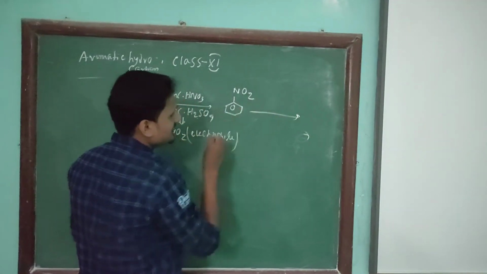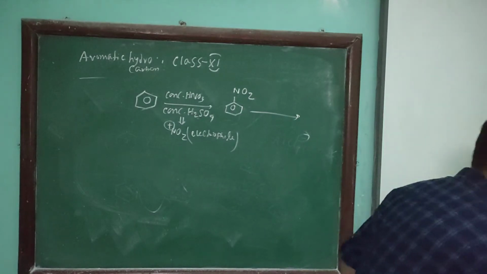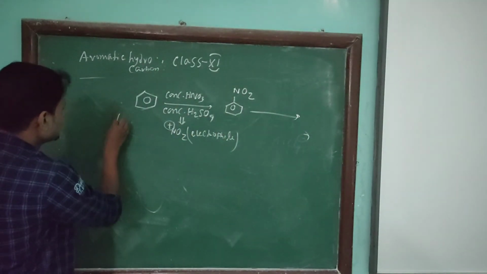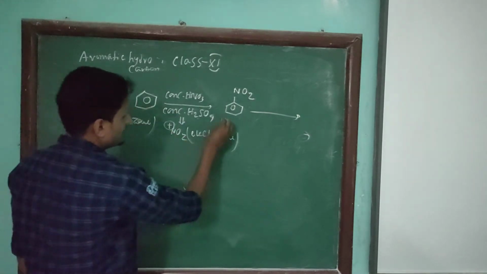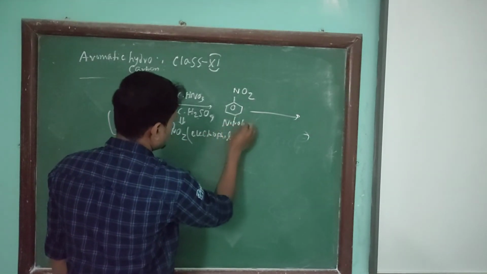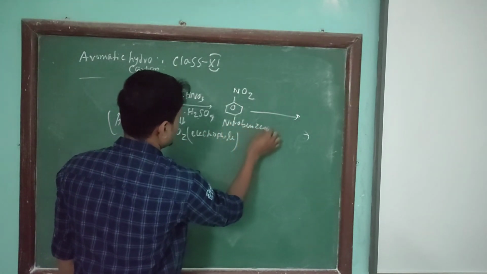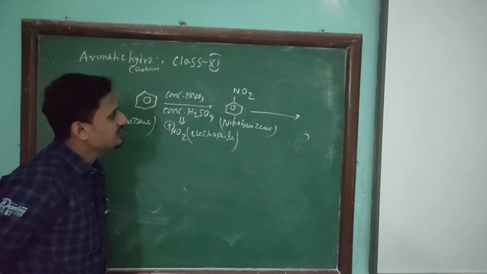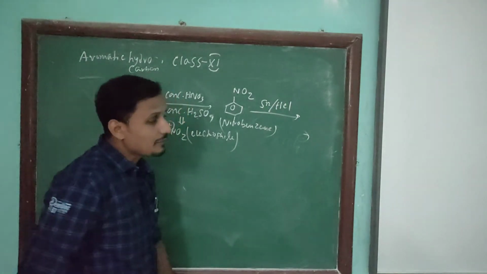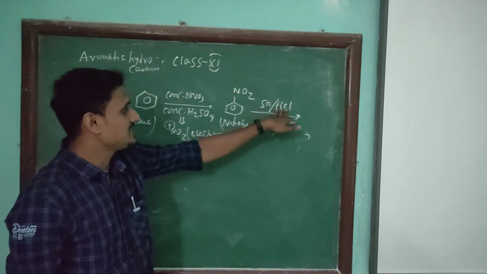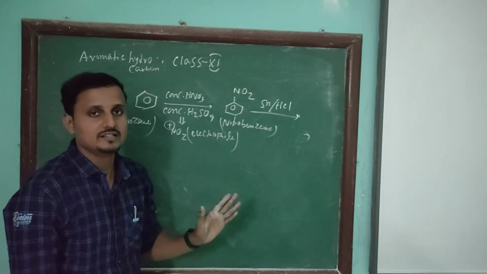Now, this is benzene, and this is called nitrobenzene. Now, when nitrobenzene reacts with Sn/HCl, you have to remember that metal with HCl is a reducing agent.